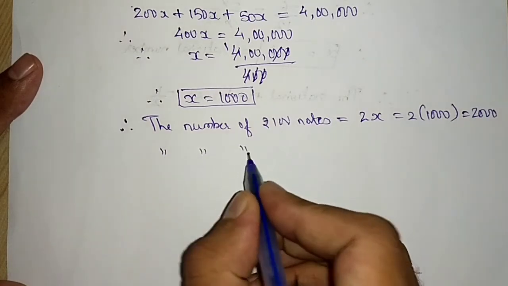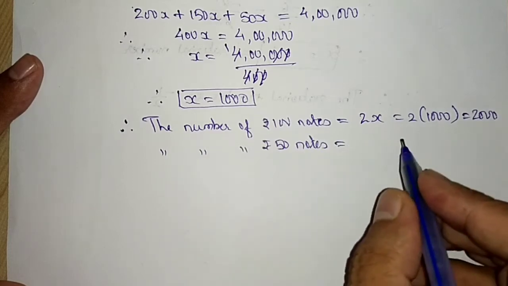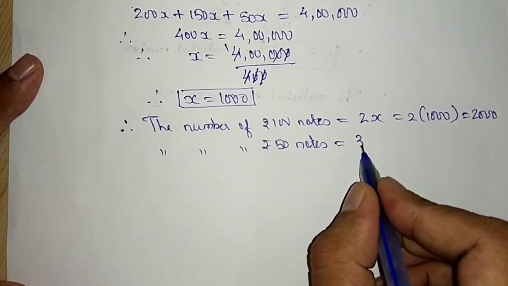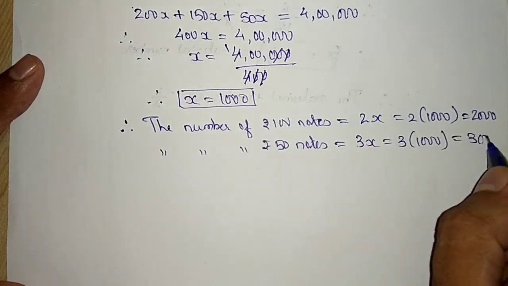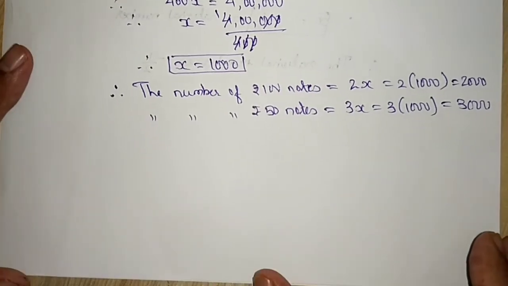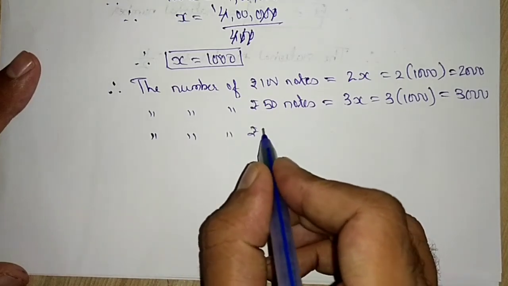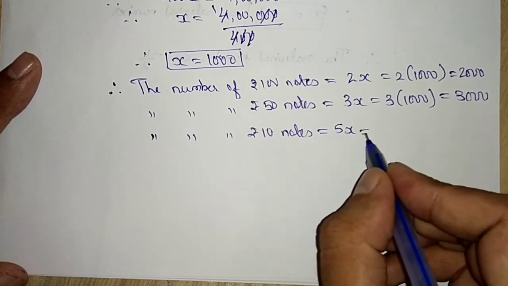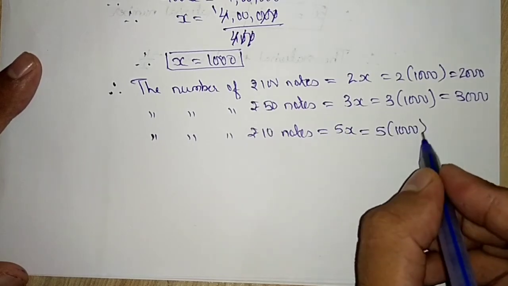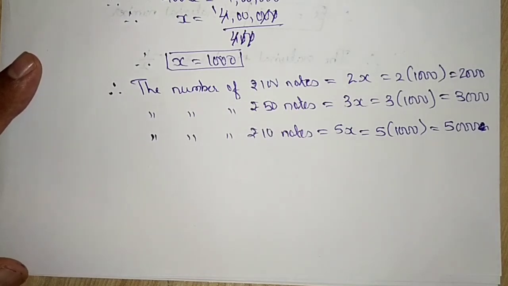The number of rupees 50 notes is 3x, so 3 into 1000 will give me 3000 notes of 50 rupees. And the number of rupees 10 notes is 5x, which is 5 into 1000, equal to 5000 notes of rupees 10.